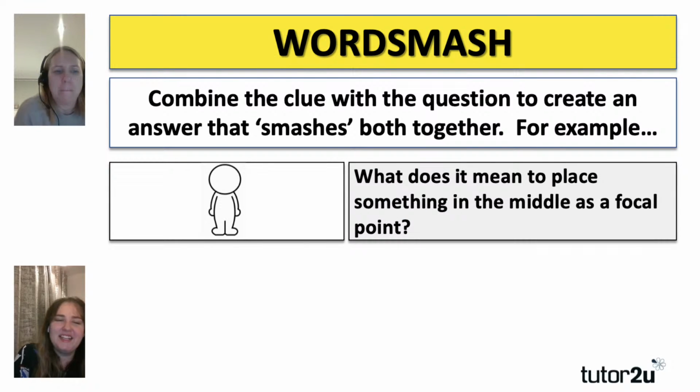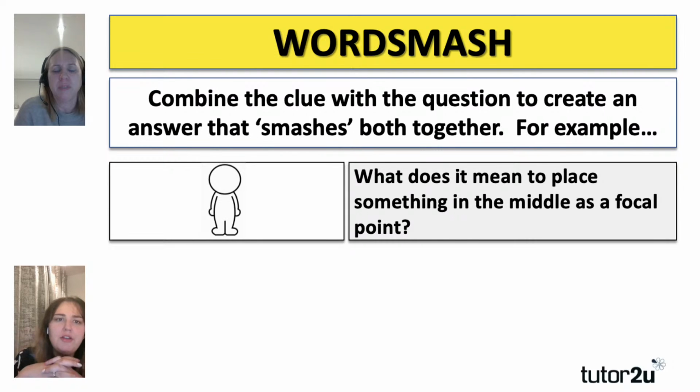Okay, so now, apologies about the dog, by the way. We've now got word smash. So we're going to combine the clue with the question to create an answer that smashes both together. So here we've got a little image of a person. And what does it mean to place something in the middle as a focal point?